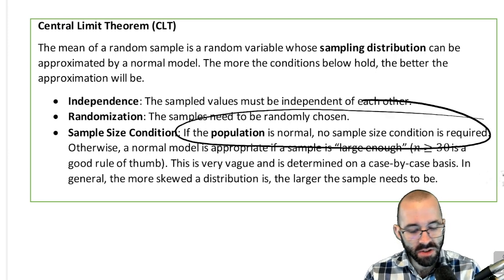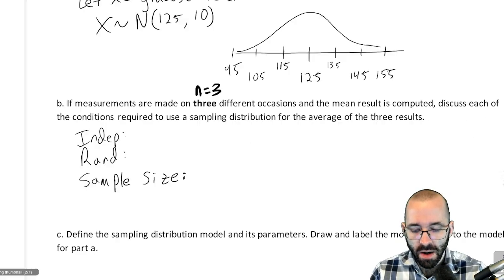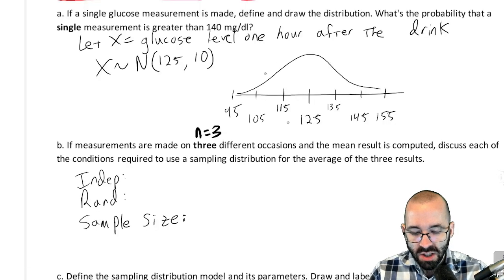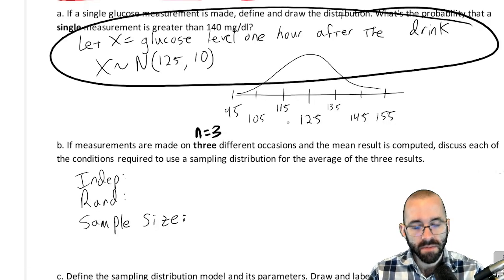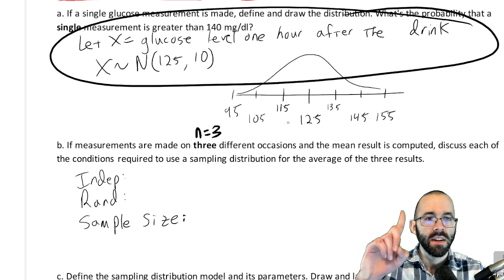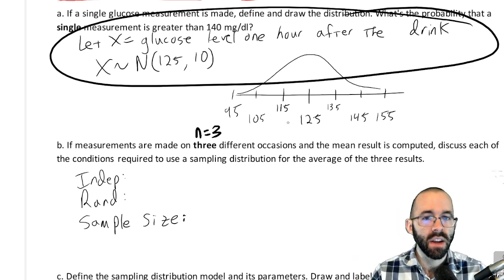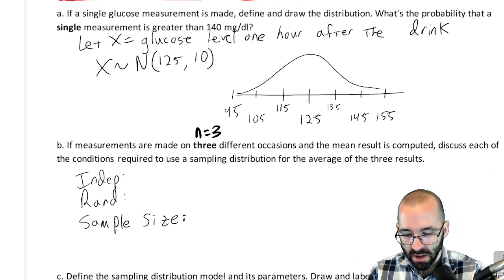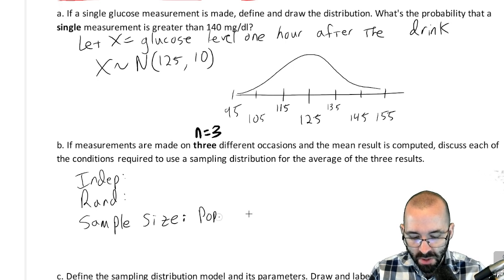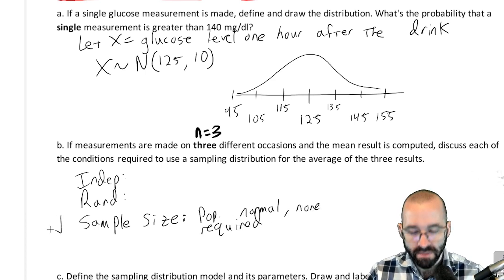But if your population's normal, you don't need a sample size requirement. And we know the population, we just talked about it up here. The population is normal here. Okay, population is normal. So none required. We don't need a sample size condition. We got it.